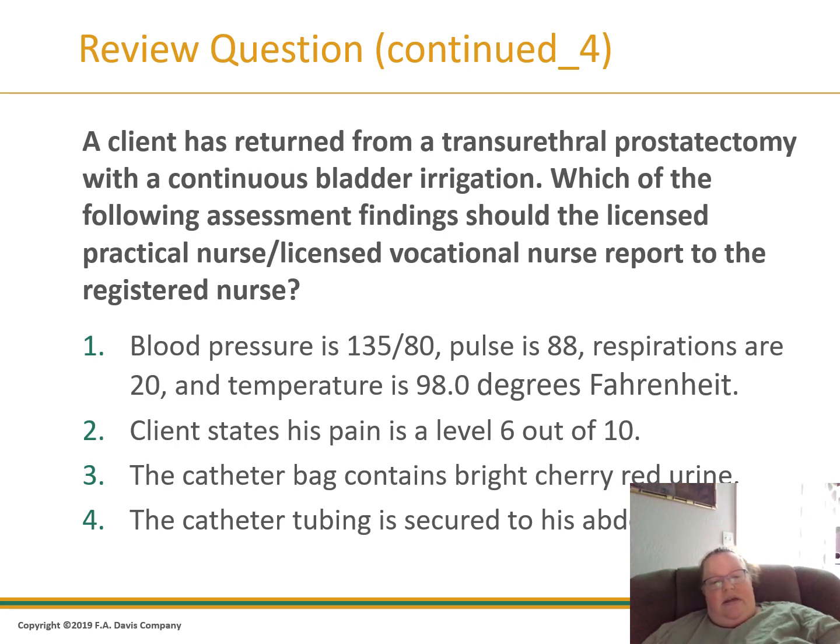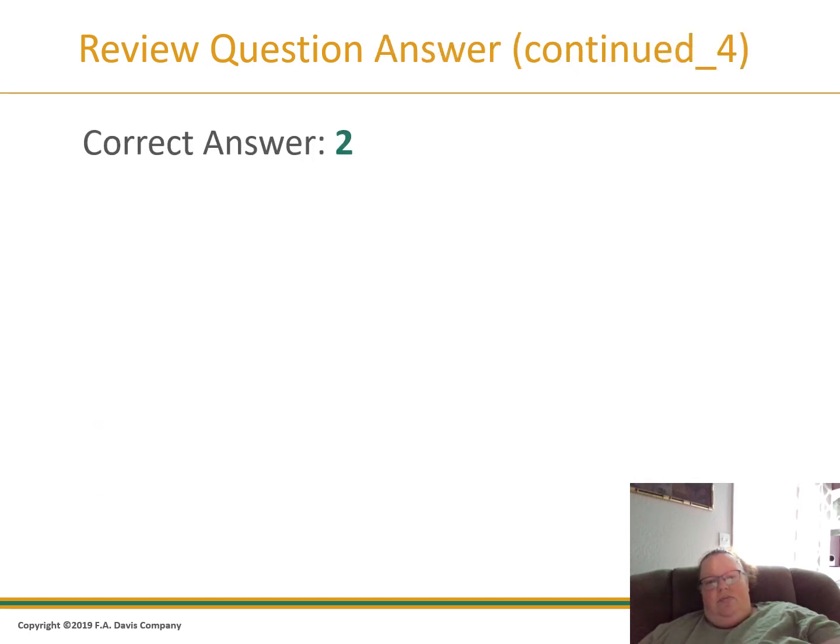The catheter tubing is secured to the abdomen. I'm going to say this is kind of normal. The bright cherry red urine, from what I recall, should be at least light pink. I know that, but I think it's pretty normal, since the client has returned from surgery, immediate post-op. So I'm going to go with the 6 out of 10 pain, number 2.